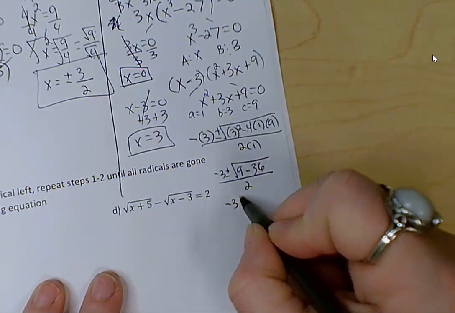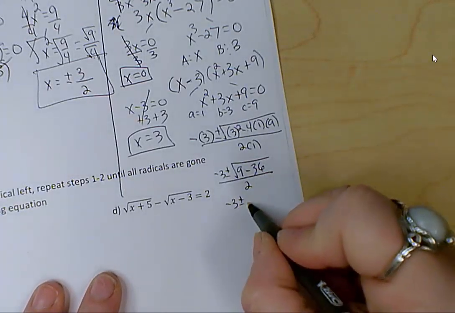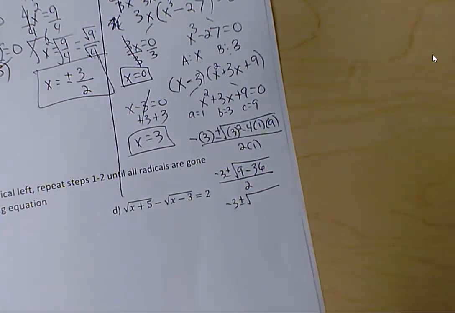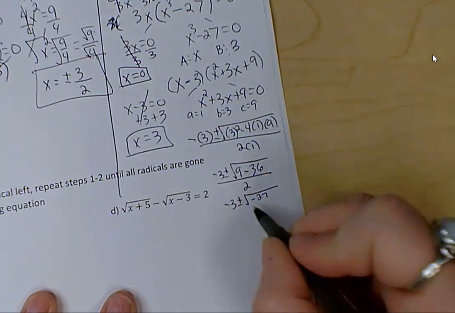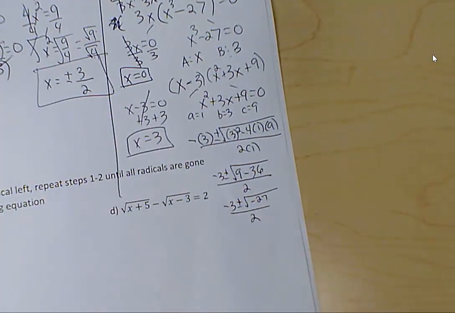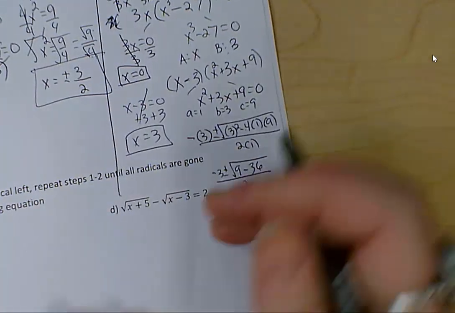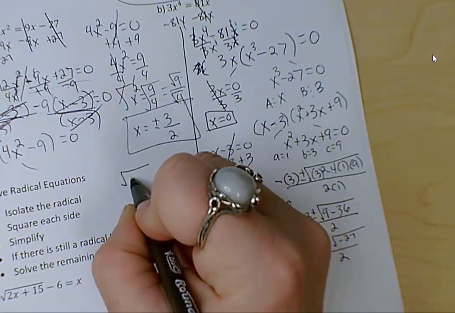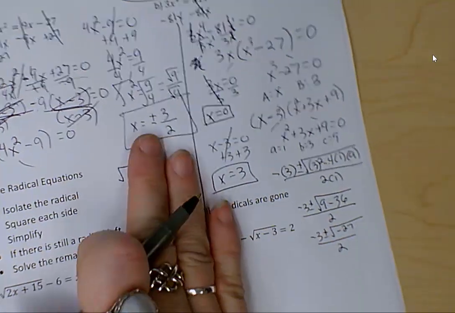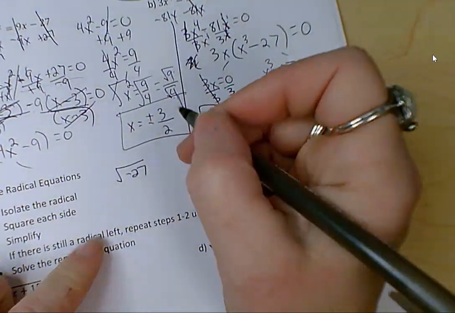Just subtracting here, negative 3 plus or minus the square root of, well, 9 minus 36 is equal to negative 27, over 2. I'm going to go ahead and break up the square root of negative 27 just to simplify that before throwing that back in there.